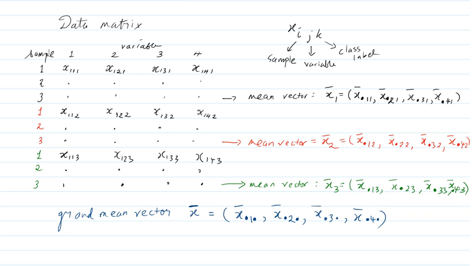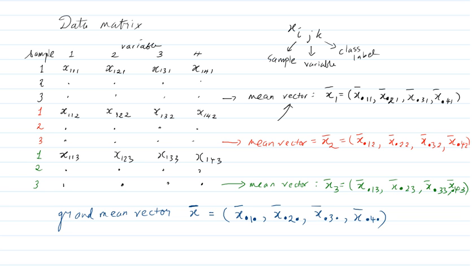And for each class, you can find its mean vector, which is basically the average of all the samples within a particular class for each of the variables. So you can produce the mean vectors for class label 1, class label 2, class label 3, for example.